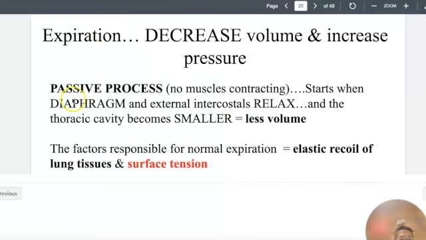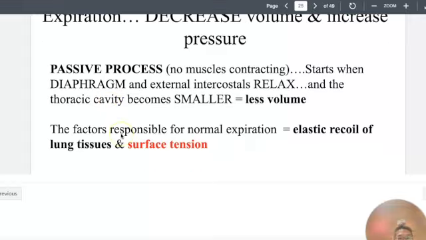Now remember, expiration is passive. There's no muscle contraction. The diaphragm just relaxes, the external intercostals just relax, and then everything is pushing toward the lungs and the alveoli, the pressure increases, and it will cause you to blow out.